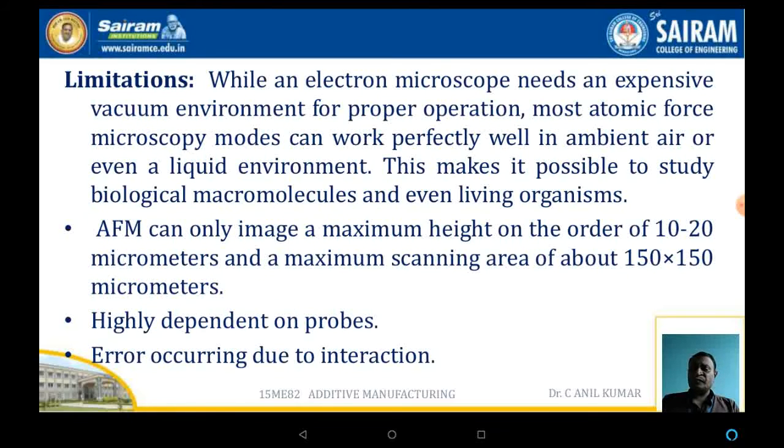The limitations. While the electron microscope needs an expensive vacuum environment for proper operation, most atomic force microscopy modes can work well in an ambient room environment or even in a liquid environment.